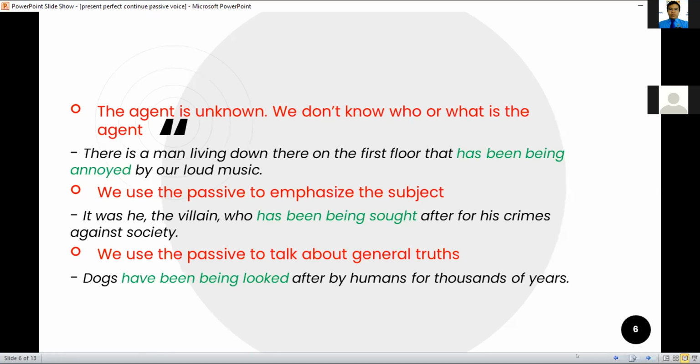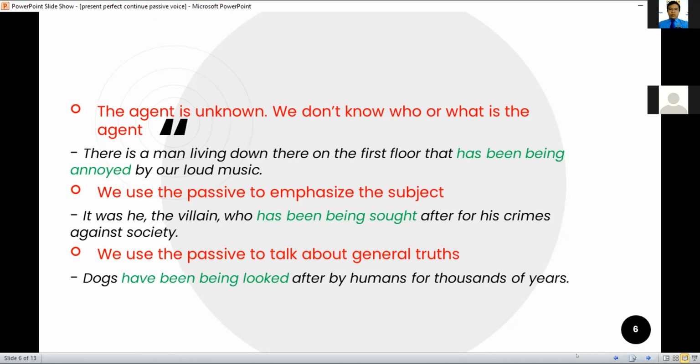And number 3, we use the passive to talk about general truths. Like the example: dogs have been being looked after by humans for thousands of years. This is general. Now you can look at every dog, we have been looked after by humans nowadays.